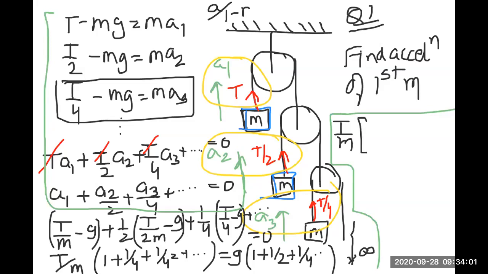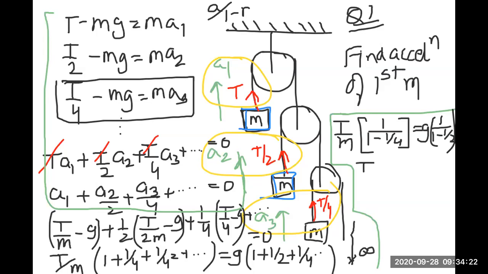So T/m into the first term, which is 1 upon 1 minus the common ratio 1/4, is equal to g, and again first term is 1 upon 1 minus common ratio, which is half.